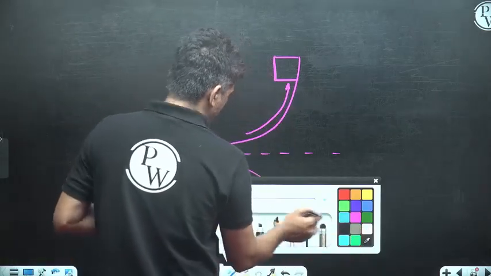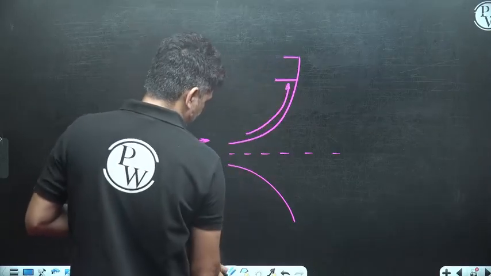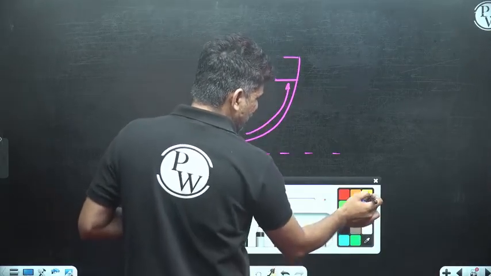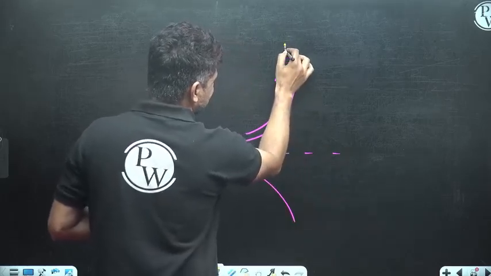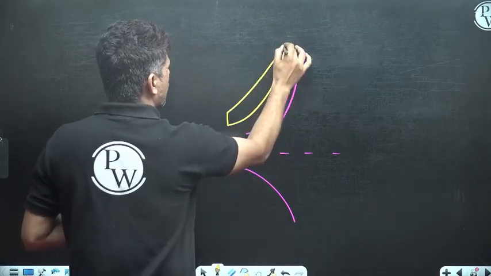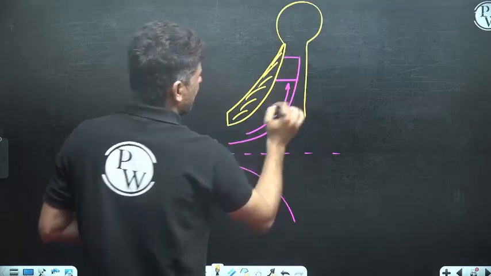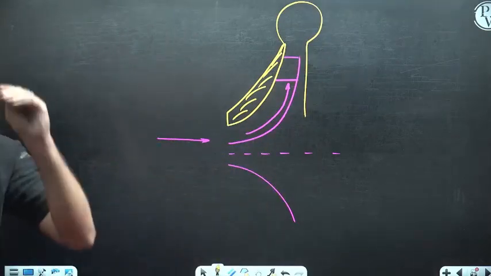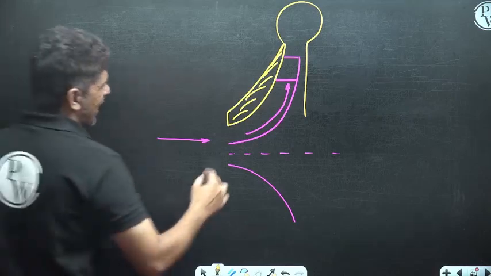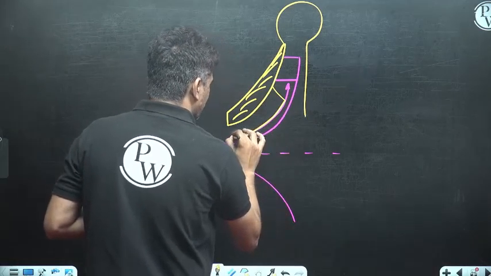So if you see over here, this is how your blades will be looking. If you see your actual impeller casing, the impeller casing will be something like this. This is how the outer casing will be looking like, and there will be guide blades present over here.